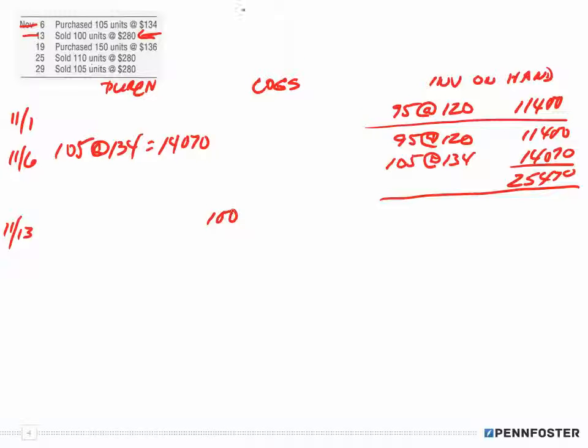So if I'm selling 100 units, and remember, we're using the LIFO method, last in are the first ones out. Well, if I'm selling 100 units, which ones are the last ones in? This 105. Okay, so if I take the 100 out, I have 5 remaining.